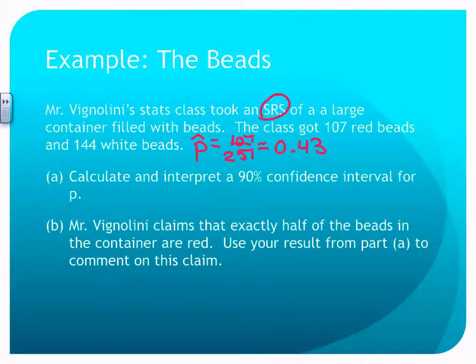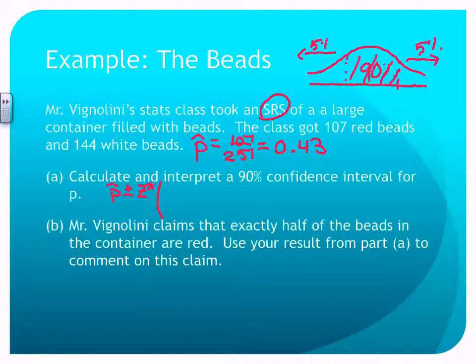Okay, so we know that we're talking about 90% of our data here, okay? 5% this way and 5% this way, okay? So I'm going to find it by taking p hat and adding and subtracting our critical value multiplied by our standard error.